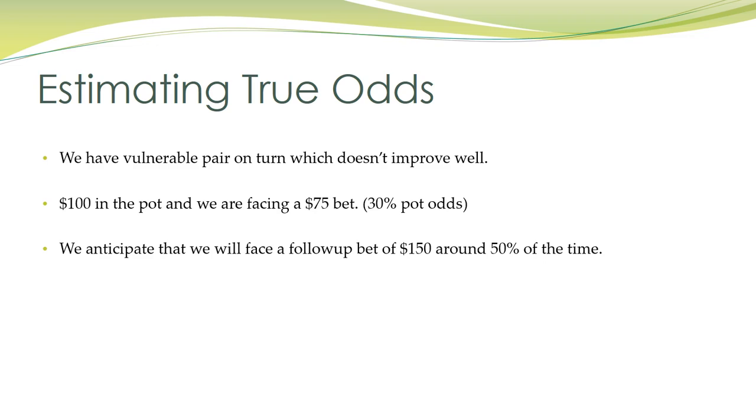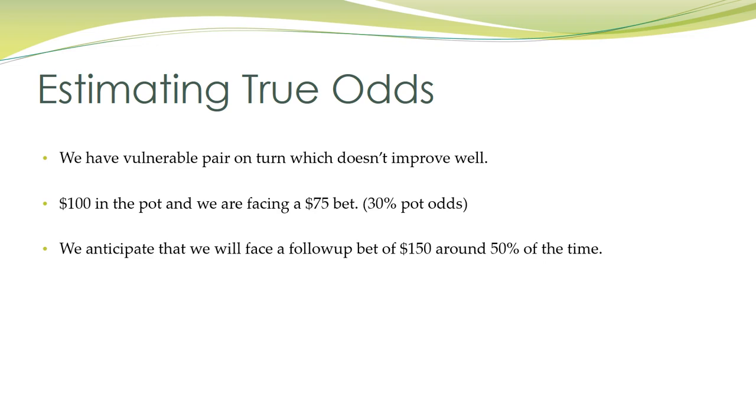Well, if someone follows up with a $150 bet around 50% of the time, I would say that's roughly equivalent to someone following up with a $75 bet 100% of the time. So when we really think about that, we don't just call $75 on the turn and then get to see a showdown. We have to call 75 on the turn and then effectively 75 on the river.